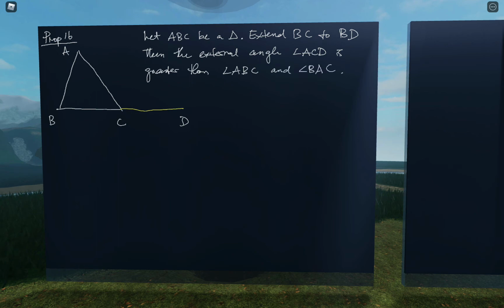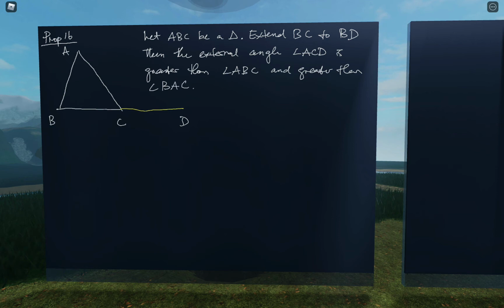No, I'm not saying that it's greater than the sum of these two. It's just individually. It's greater than ABC, and maybe just to be more precise, and greater than BAC, because I think there's a possibility of confusion there.